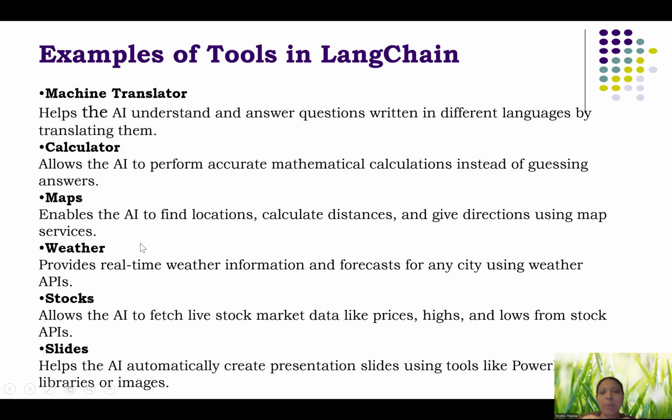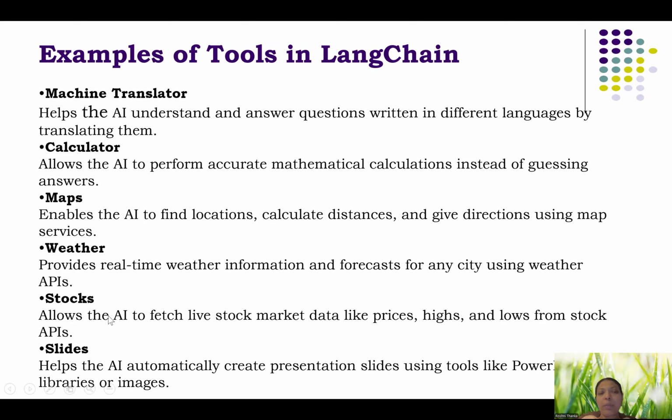And weather helps us predict or forecast the weather in a particular situation. In the previous video we saw that if my given input is to find the weather of a particular place, then this tool can be used for that. Then stocks, to fetch the live stock market and find the price and its hikes, the stock API can be used for that.